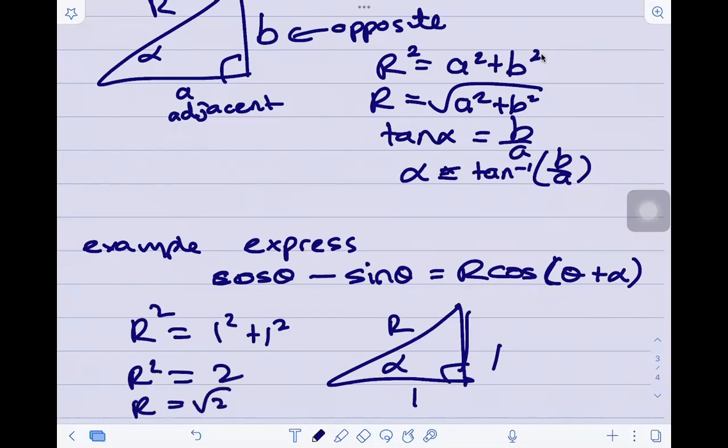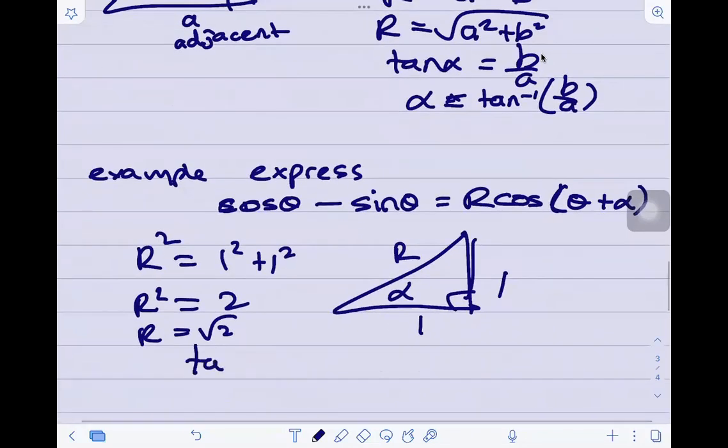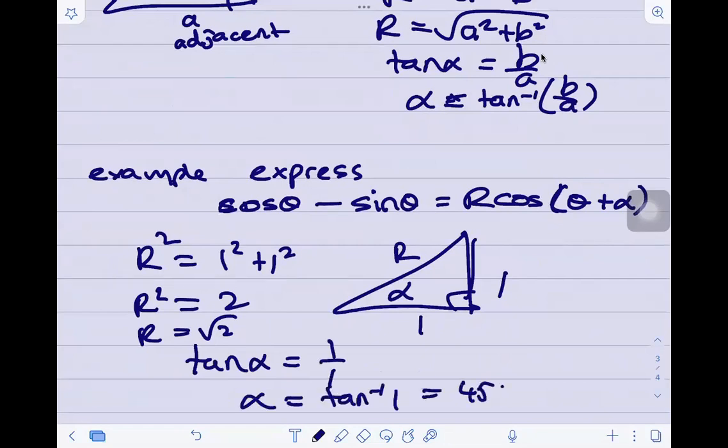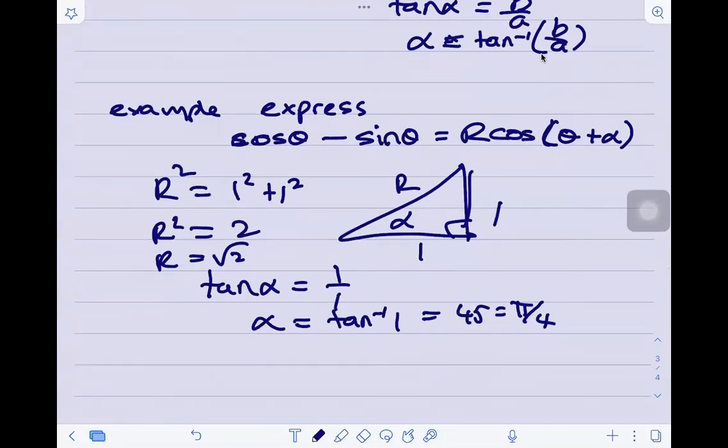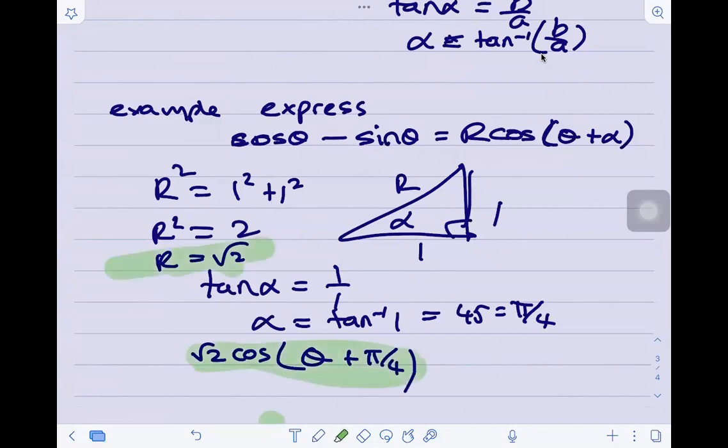So the r will be root 2. And the tan alpha will be 1 on 1. So alpha is tan to the minus 1 of 1, which is 45, or pi on 4. So that means that it will equal root 2 cos theta plus pi on 4. Okay, and that's basically it, expressing it in that form.